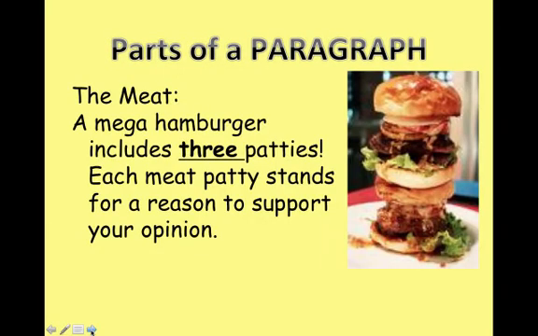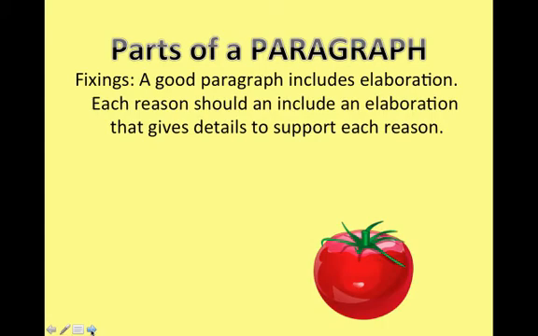All right, so then underneath of that, you have the meat. So a mega hamburger has, we're going to consider this like a 3-patty burger, all right? So each part of the patty stands for a reason to support your topic sentence or your statement. So you at least want to have some of those. In addition to that, you're going to have fixings.